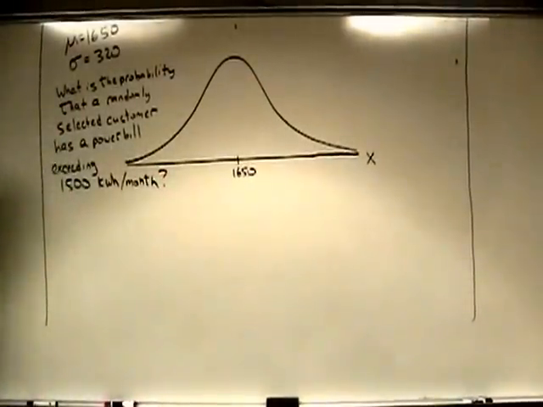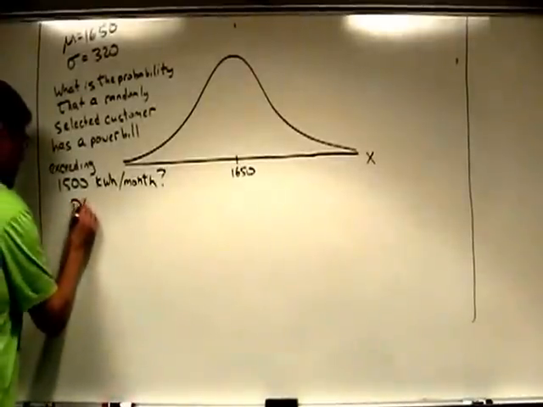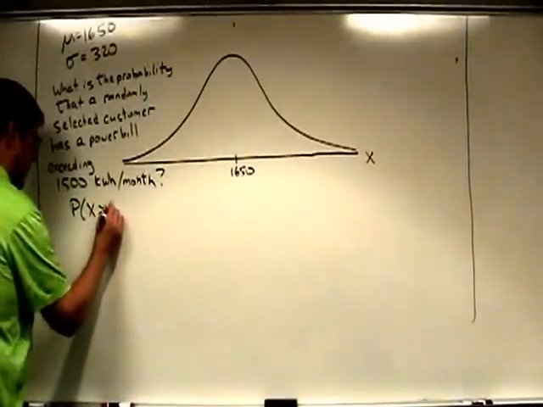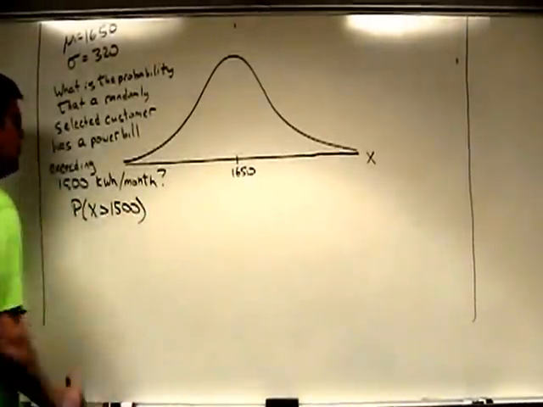Using our random variable notation, we're looking for the probability that x is greater than 1,500.